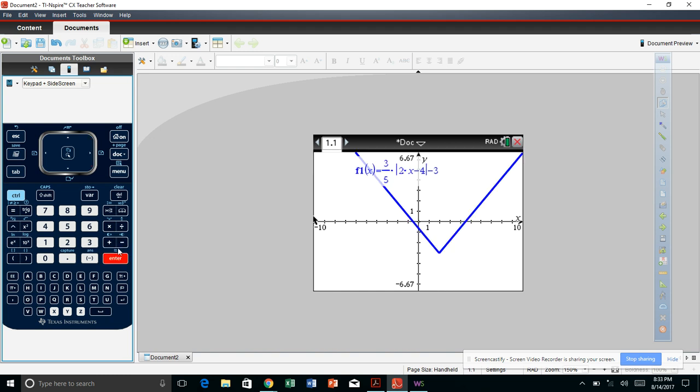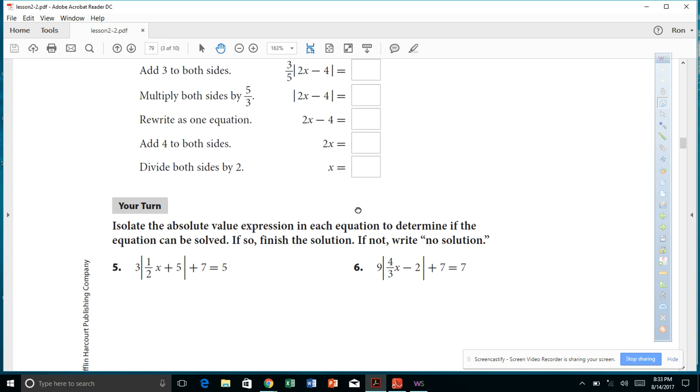Press enter, and there it is. And then let's press y equals negative 3, and see how it goes through the vertex. All right. My graph wasn't all that far off, was it?